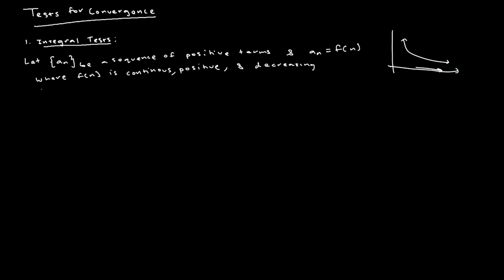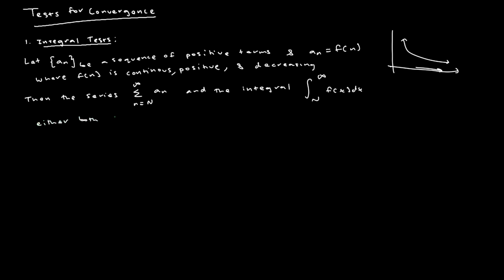And when we have some function like that, then the series represented by the sum from n equals N to infinity of a_n, and the integral from N to infinity of f(x) dx, either both converge or both diverge.